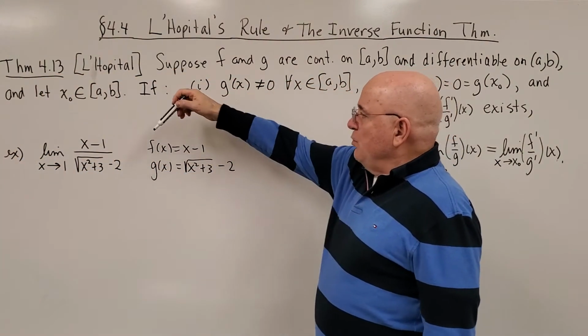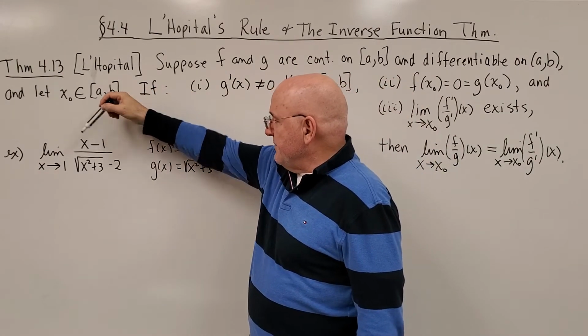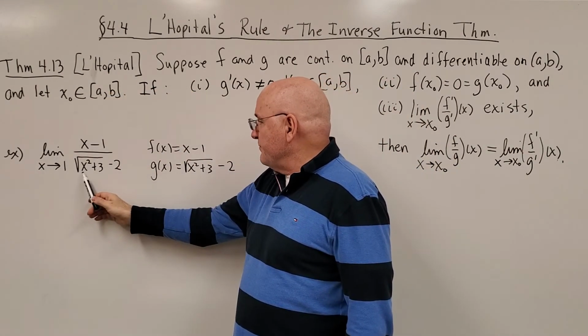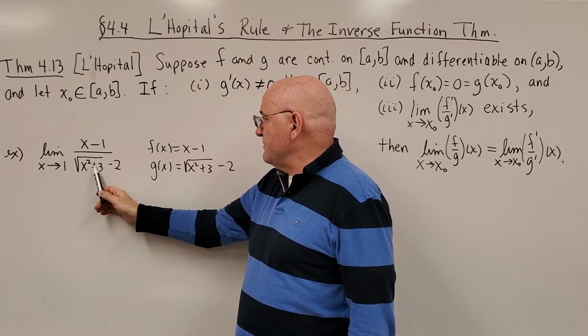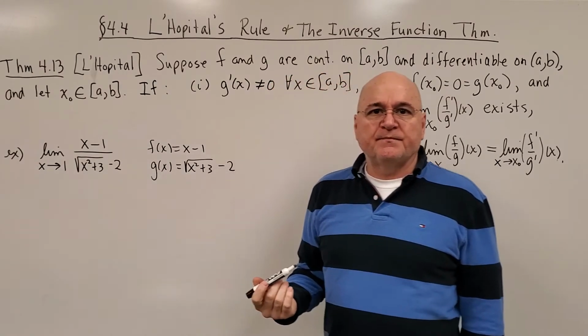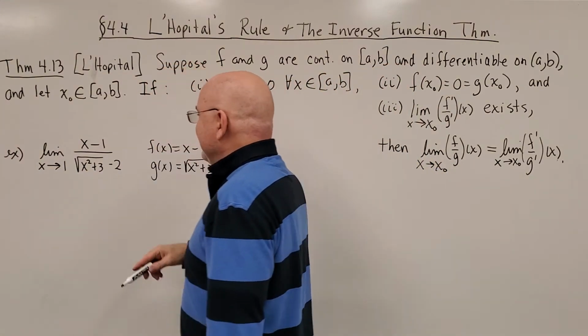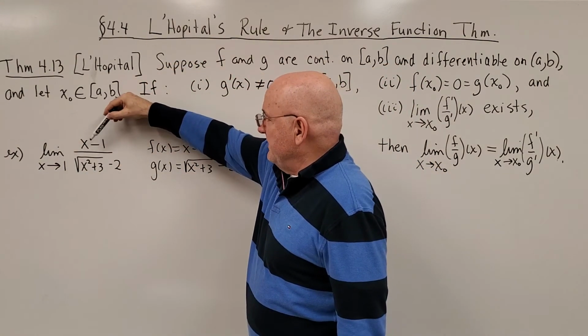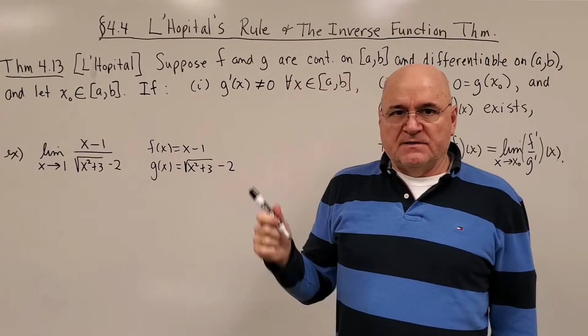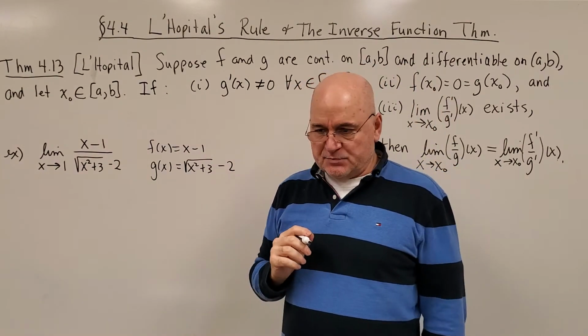Well, as x goes to 1, on top we're going to get a 0. And as x goes to 1 on the bottom, we're going to get radical 1 plus 3, which is radical 4, minus 2, which is also a 0. So the limit as x goes to 1 would give us the individual limits of 0 over 0. So L'Hopital's rule does apply.